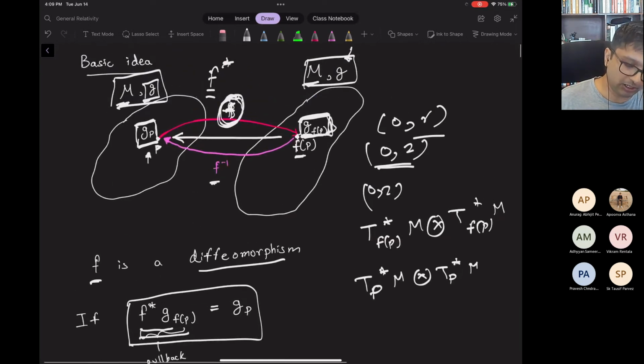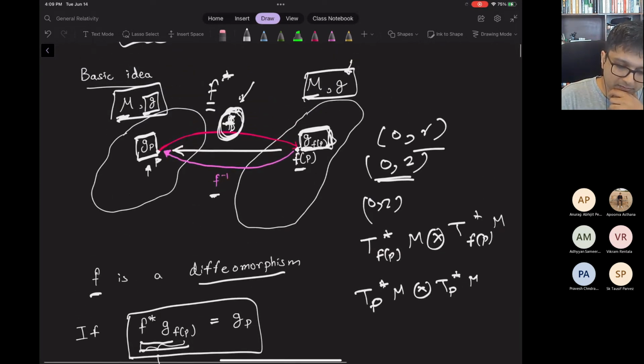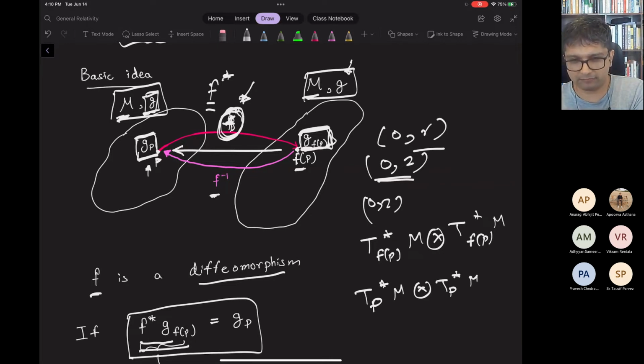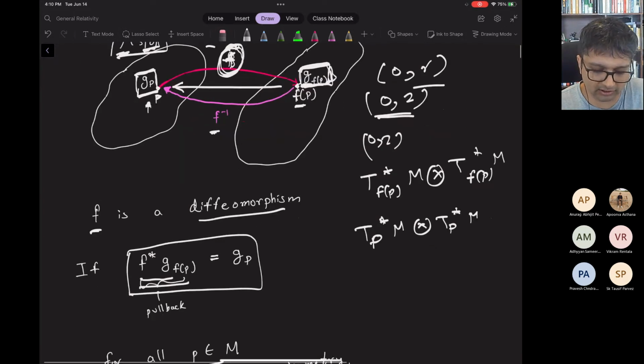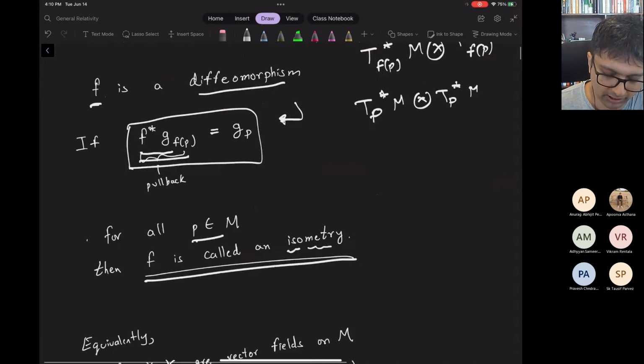Not every transformation F will guarantee this outcome. Given a metric G on the manifold, only a certain set of diffeomorphisms F will actually satisfy this condition, where they preserve the metric under pullbacks. Those are what we're going to call isometries.